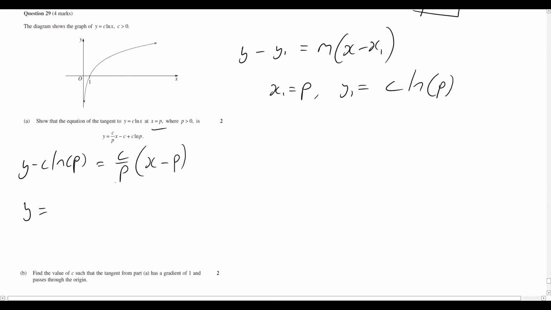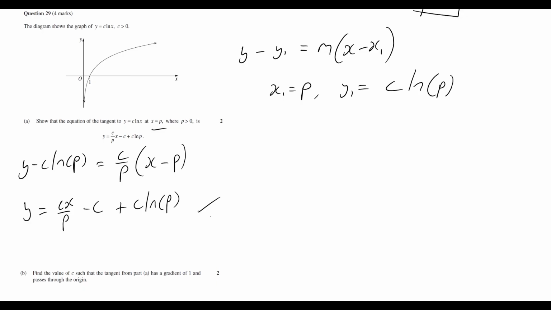So we can say, therefore, y is equal to cx on p, and then it will be c over p times p, so that's just going to be minus c. And then we've added that c ln p to the other side, so now plus c ln of p. And that is exactly what they've asked for. So that's our answer for part A.